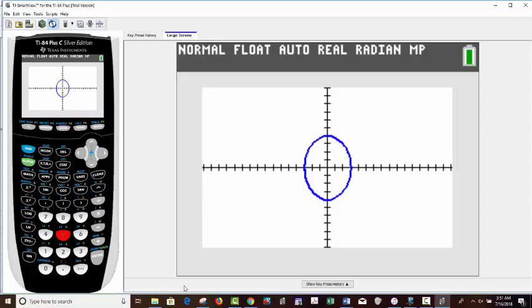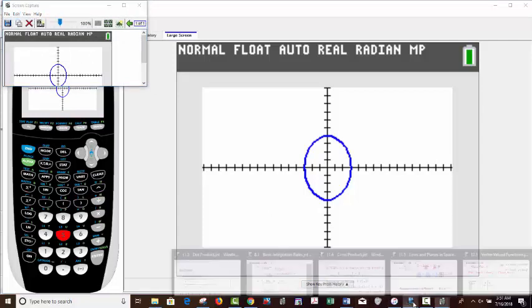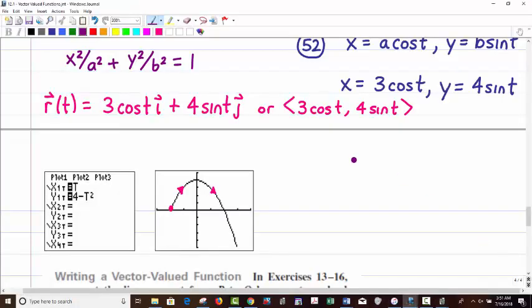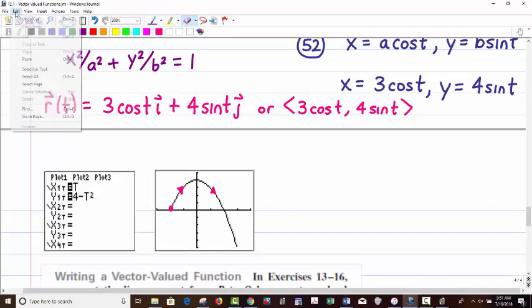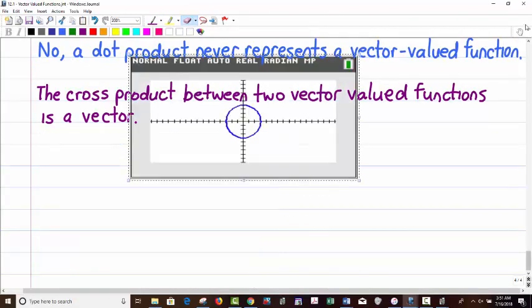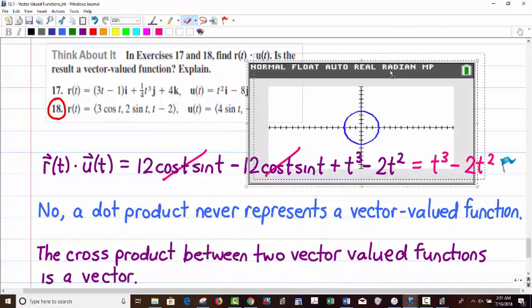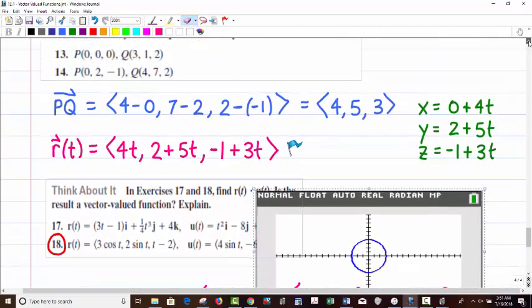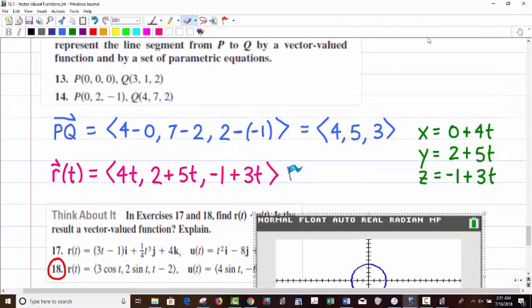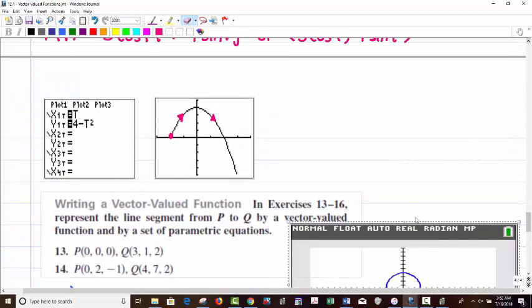So let me cut this out. And then I'll put the original parametric equations in there, so sometimes it puts things in locations where I don't want them. Okay. All right, there we go.